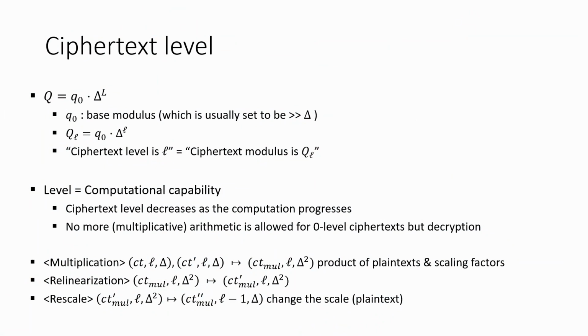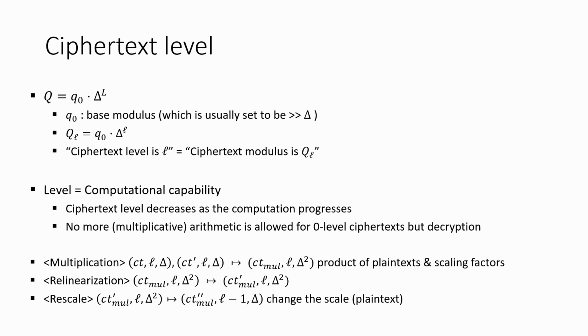So I believe you probably got some intuition why the depth of a circuit is such an important feature in HE evaluation. So the HE community formalized this notion and we came up with some keywords like a level. Ciphertext modulus is a product of a base modulus Q0 and a power of the base scaling factor delta.